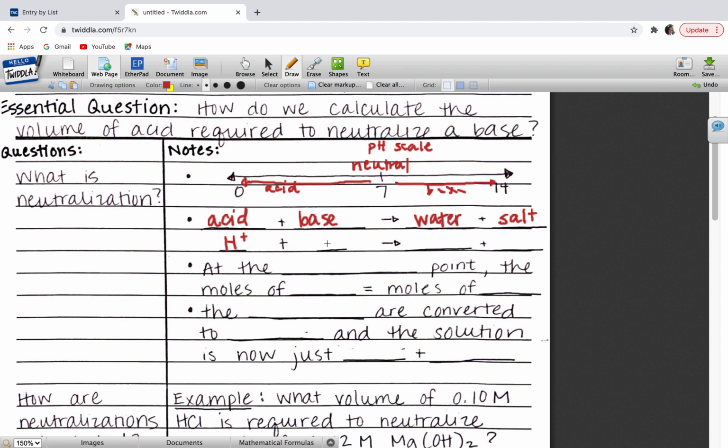Bases tend to either pull hydrogens off of water or produce hydroxide. So bases are associated with the hydroxide ion. And when you put hydrogen together with hydroxide, they're going to make H2O, 2 hydrogens and an oxygen. It's going to make water. So my dangerous substance and my dangerous substance, they come together and they make water. Now there's other stuff in there, and so that other stuff makes up that salt, okay?